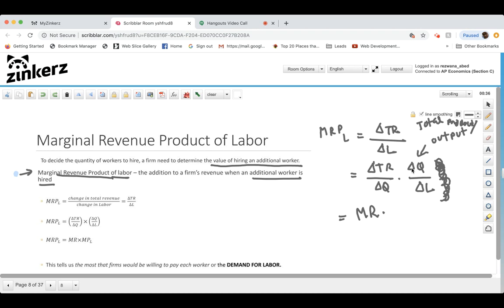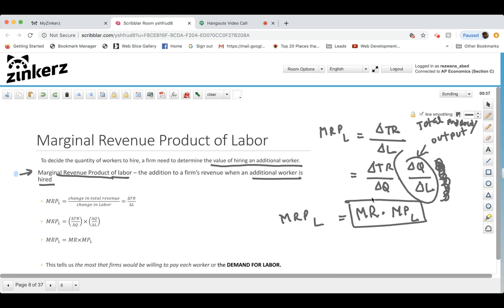The term for this was MPL, the marginal product of labor. So together, the MRPL is the product of these two things: marginal revenue times the marginal product of labor.